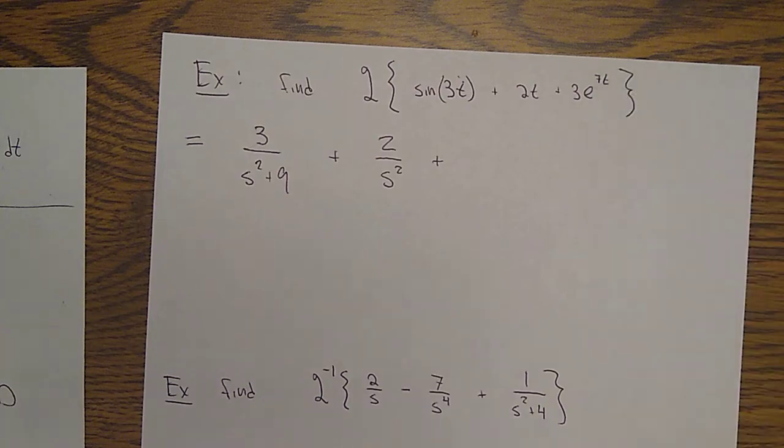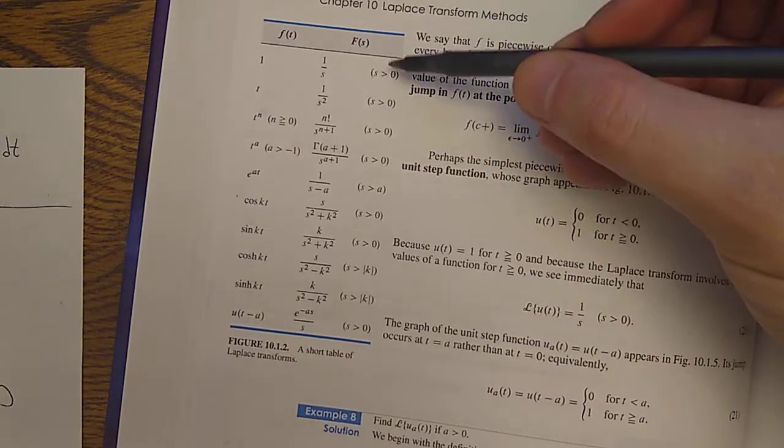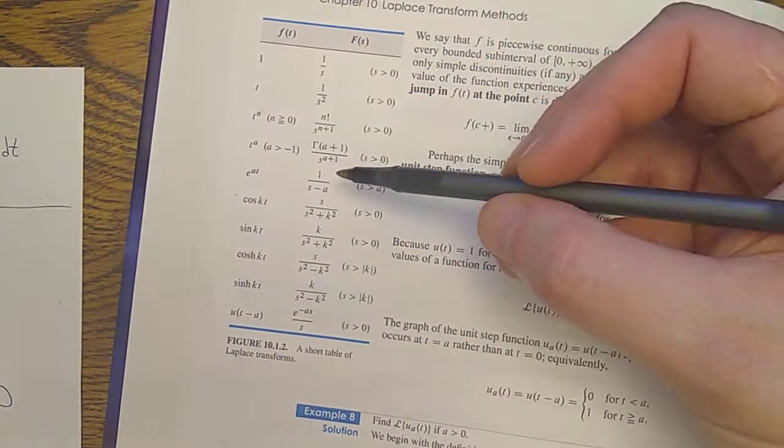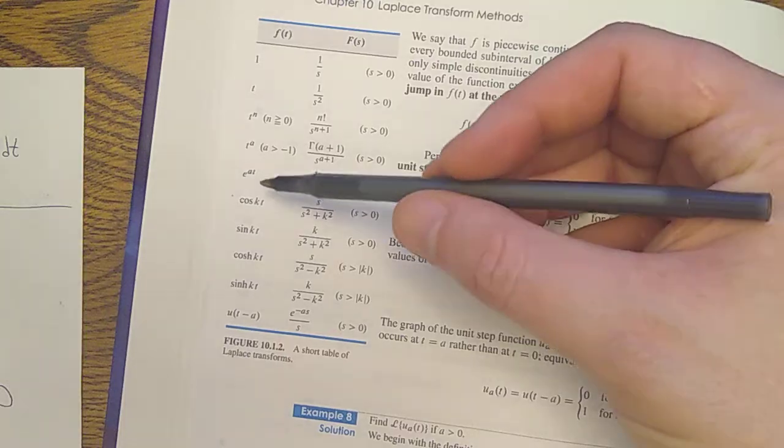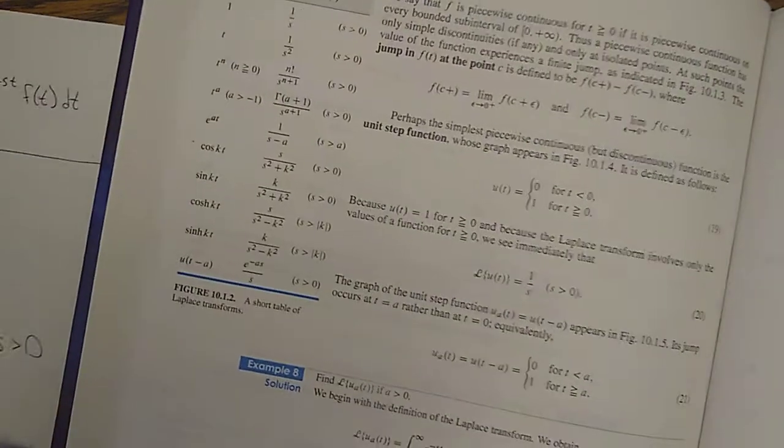We also, and I guess we did not do this one, but it is in the table, and I'm encouraging you to just use the table from now on. The Laplace transform of e to the at is 1 over s minus a.